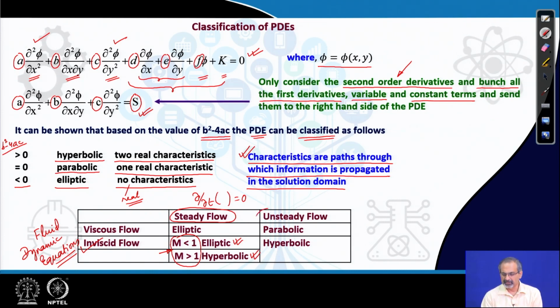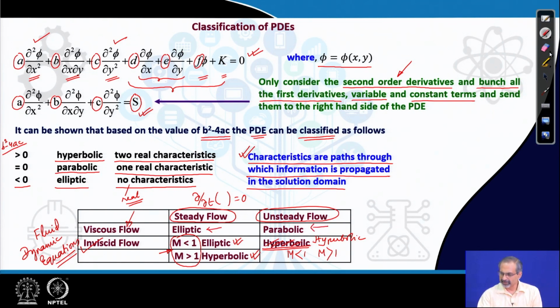And when we deal with the inviscid equations in an unsteady manner, irrespective of whether it is subsonic or supersonic, the nature is hyperbolic. When it is viscous equations, we see on the contrary that the steady form behaves in an elliptic manner and unsteady form behaves in a parabolic manner.